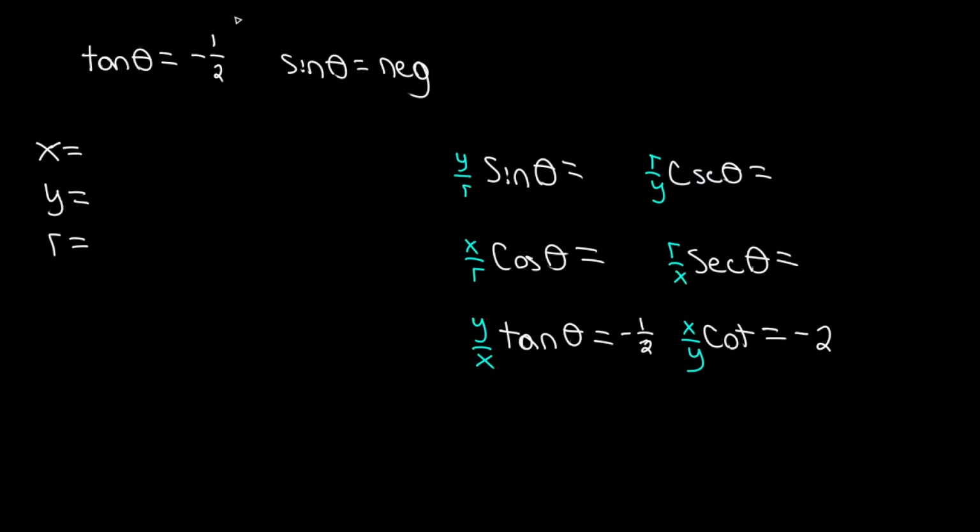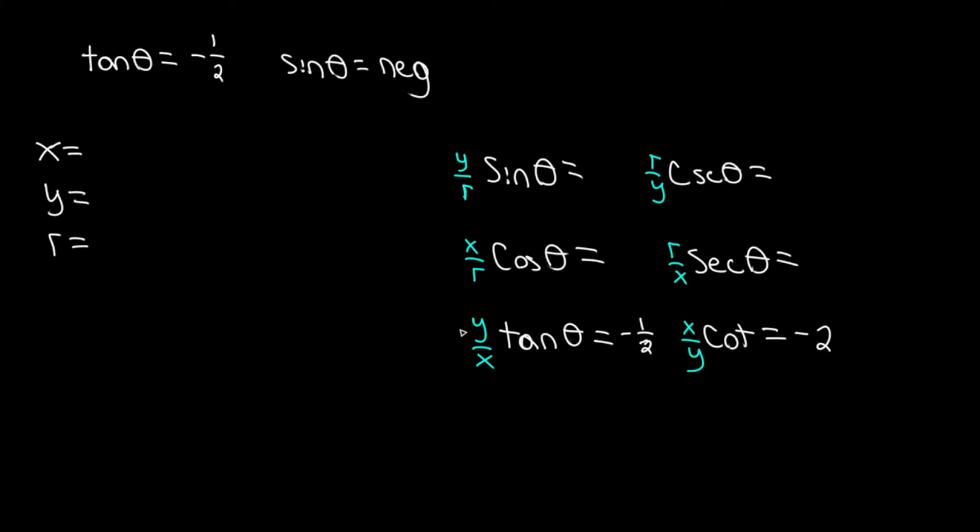So where can I get tangent to be negative and sine to be negative? And the thing is, I don't even have to figure out what quadrant it's in. If sine is going to be negative, we know that r is already positive. This r has to be positive. It's always positive. So our y has to be the -1.